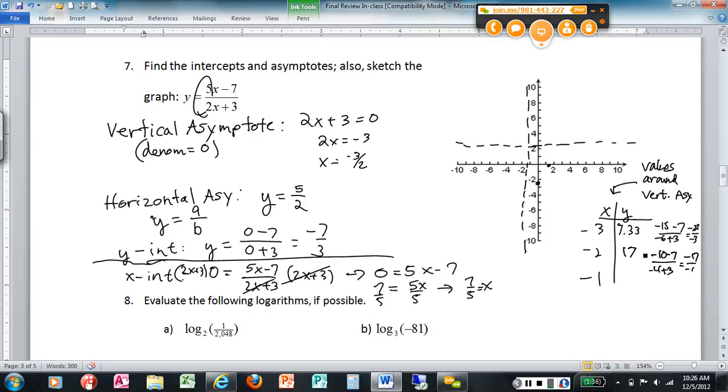And then if x is negative 1, I have negative 5 minus 7 over negative 2 plus 3, which is negative 12 over a positive 1, which is negative 12. So those points give me some nice little points. At negative 3, I'm at 7.33. At negative 2, I'm way up here at 17. And then at negative 1, I'm at negative 12.